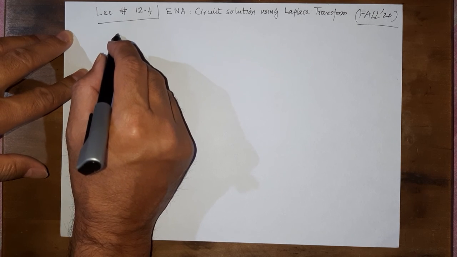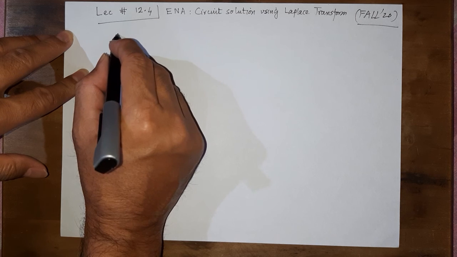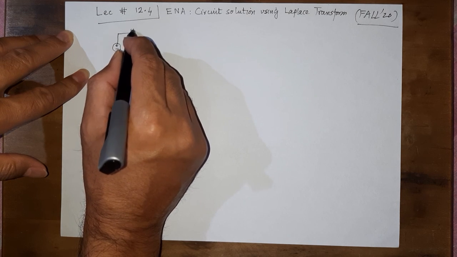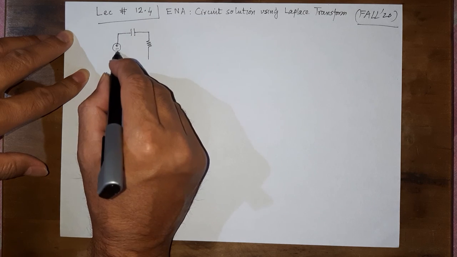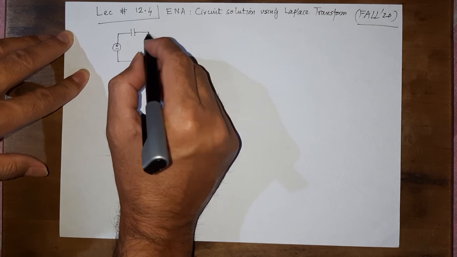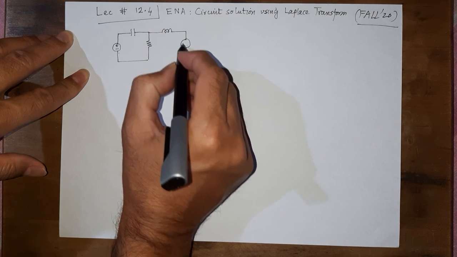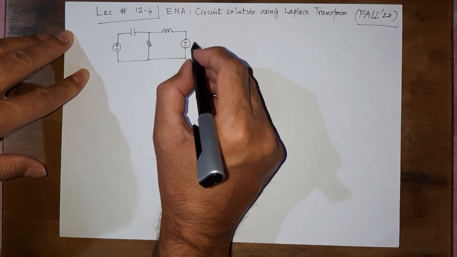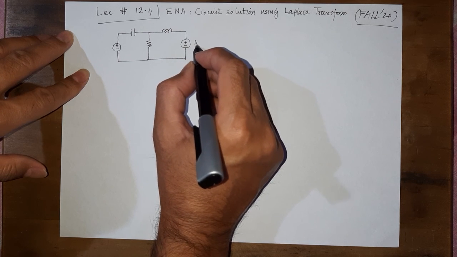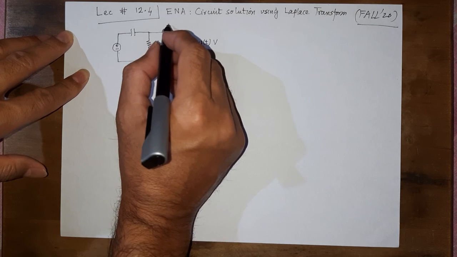So, for example, let us say we are presented with a circuit and we have a capacitor here, a resistor here, and an inductor here with another source in this loop. So suppose this source is 4 ut, the unit step function.